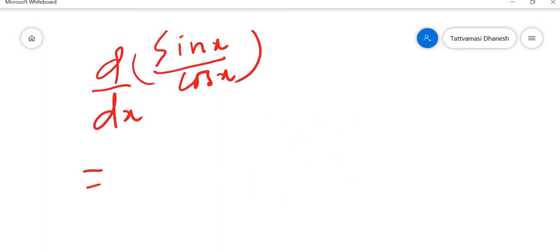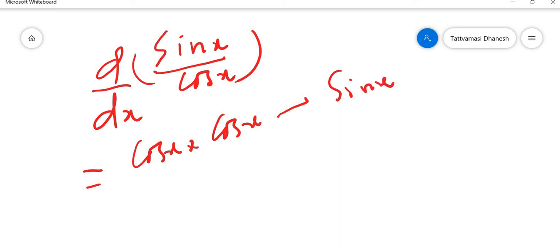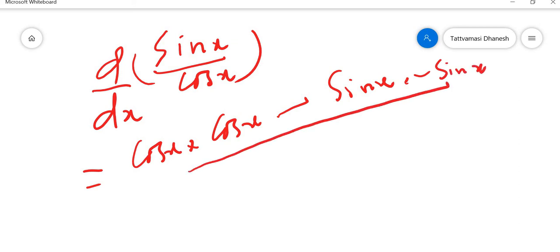So cos x into derivative of sin x, it is again cos x, minus u, sin x, into derivative of cos x, again minus sin x, divided by v square. V square means it is cos square x.